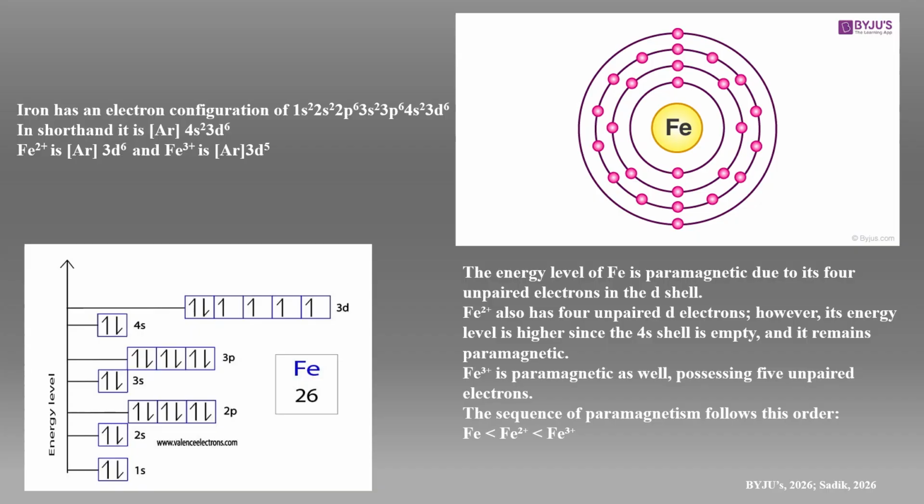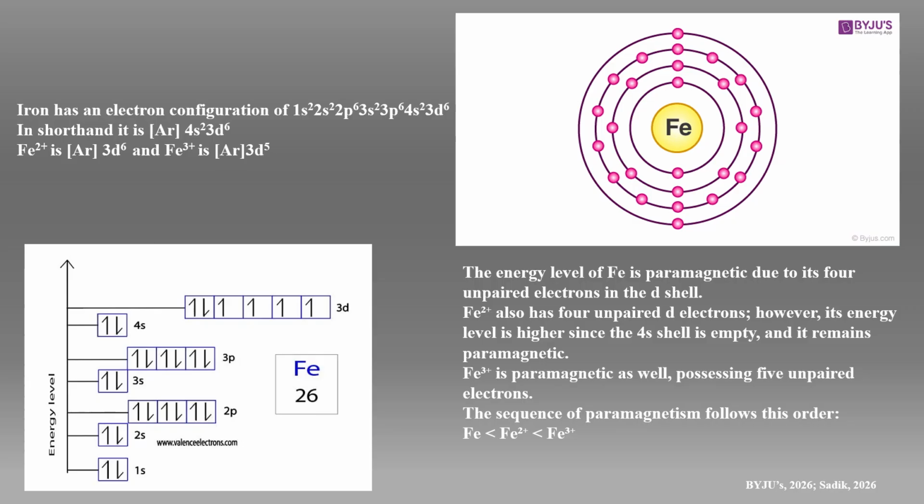On this screen, you see the electron configuration of iron at its ground state. Its configuration is 1s2, 2s2, 2p6, 3s2, 3p6, 4s2, 3d6, and in shorthand, it is [Ar] 4s2 3d6.